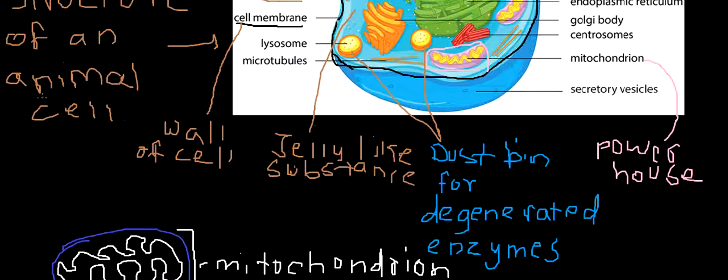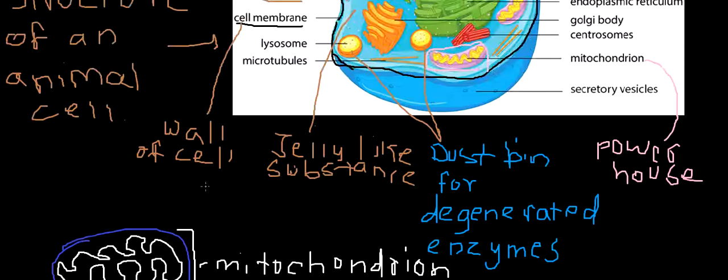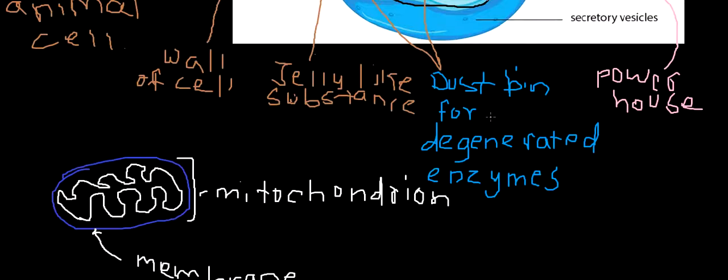So this is the mitochondrion, and this is the mitochondrial membrane. As the electric power plant has walls, some fence for prohibition of unnecessary things, similarly the mitochondria has a membrane, just like the cell membrane. So this is the structure of mitochondria that I have drawn.